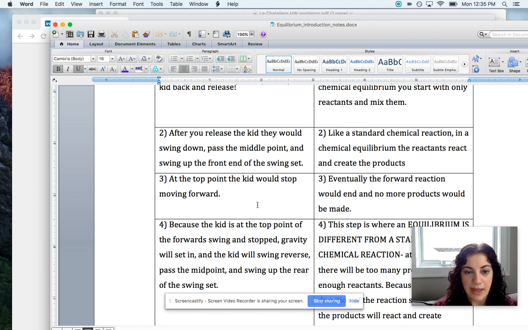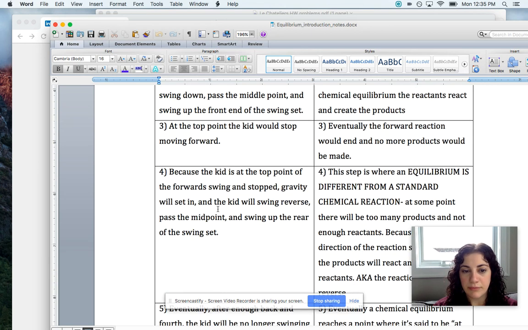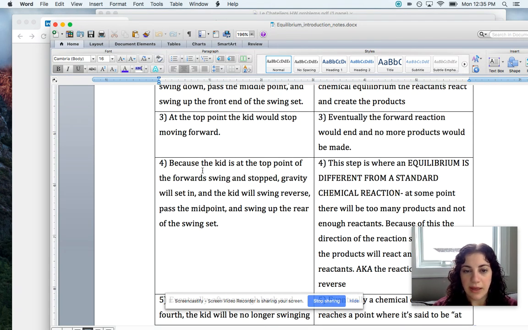Great. At the top point, the kid would stop moving forward. Okay, eventually the forward reaction would end and no more products would be made. But then what would happen? Because the kid's at the top point of the forward swing and stops, gravity will set in and the child will swing in reverse past the midpoint and swing up the rear of the swing set.